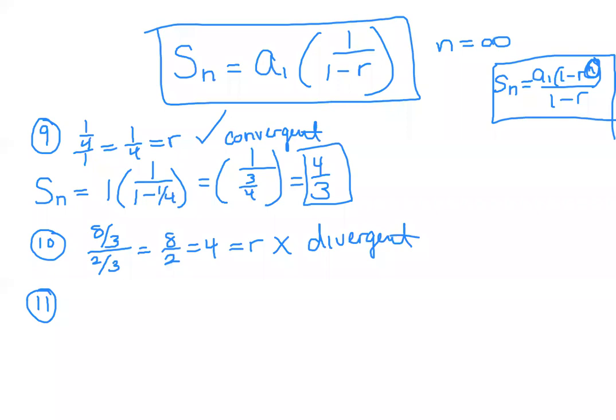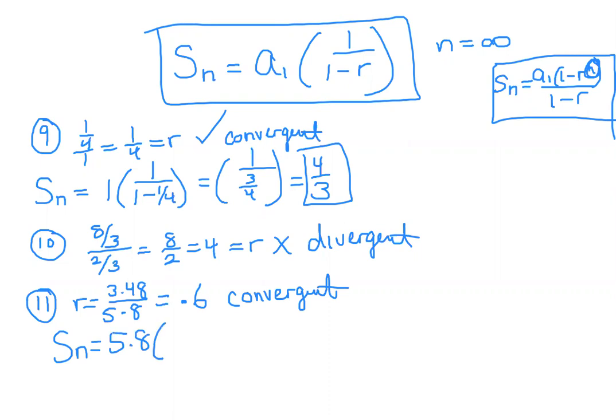Okay, number 11, we'll say R is 3.48 over 5.8, which is 0.6. So yes, this is convergent. And we're going to say the sum is A1 times 1 over 1 minus 0.6, and that equals 14.5.